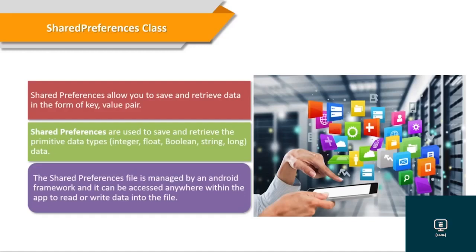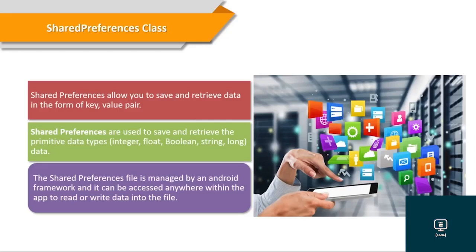So let me give you another example of the shared preferences class. You can use this class in login operations. So most of the applications have a login page, yeah? So on this page, the user has to enter a username and password. If the user does not want to enter this information every time, the user can check a Remember Me checkbox, right? And then after checking the checkbox, the application will save user data.